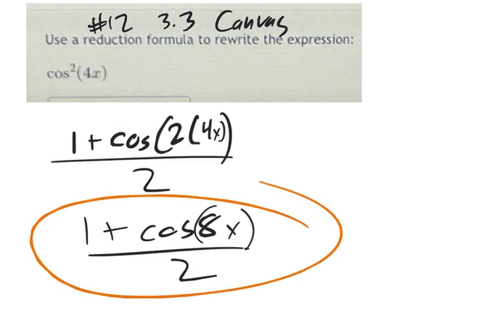And I hope that's all we have to do. I think it is, because we can break 8x apart using the sum and difference or a double angle. Yeah, that's all you have to do.